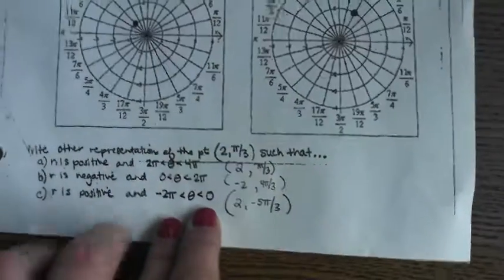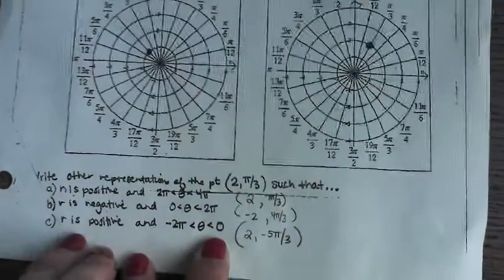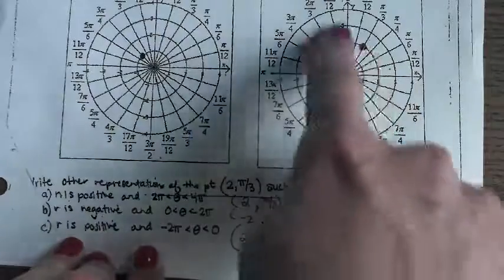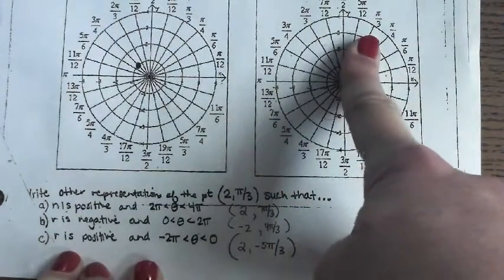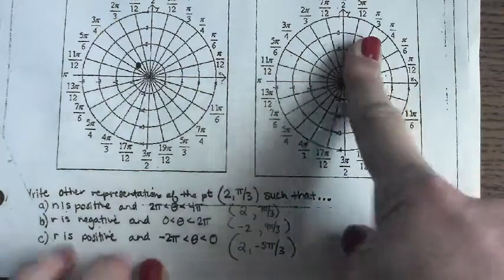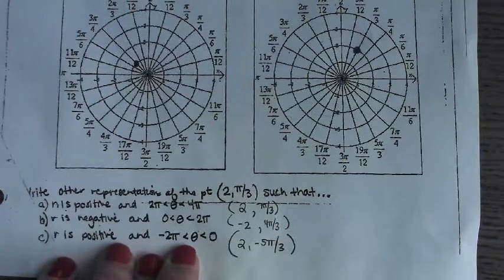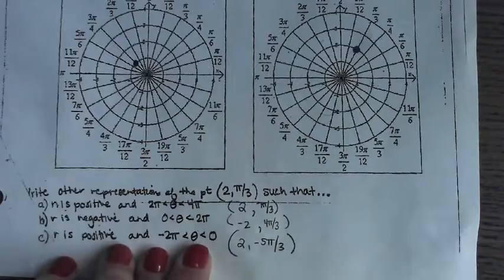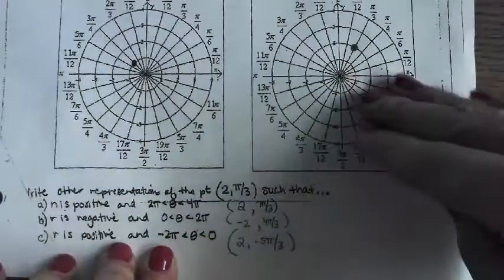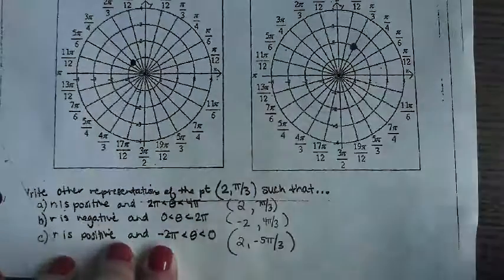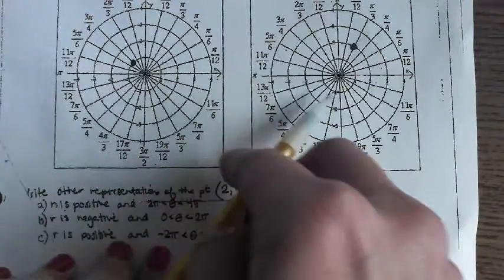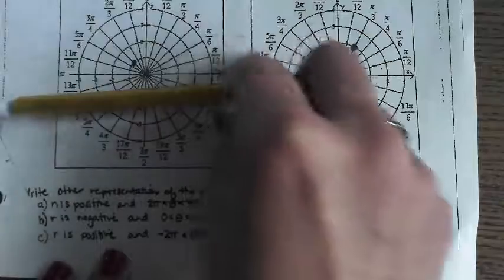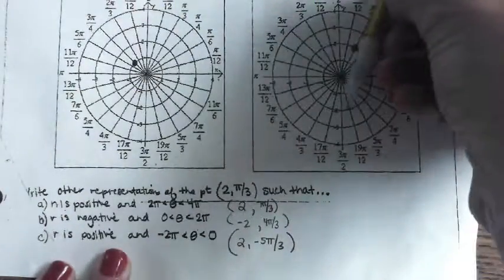Okay, so they wanted still the positive r value. So wherever my terminal ray ends, it has to end in that quadrant, because I want to use a positive r. So they also dictated that the theta has to be essentially negative. So I have to open up in the negative direction. So I'm opening up backwards, but I still want this to end in the first quadrant.